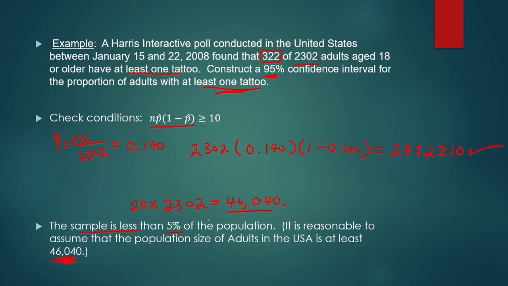That's where this number comes from. It is reasonable to assume that the population size of adults in the United States is at least 46,040. All the conditions are met. Now we can do the problem.